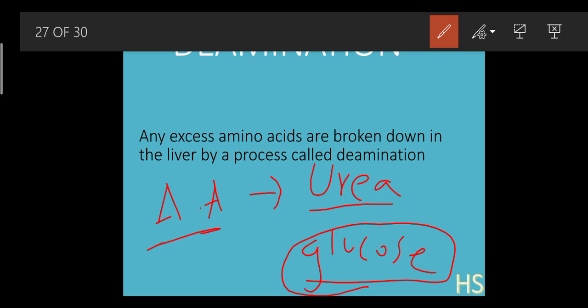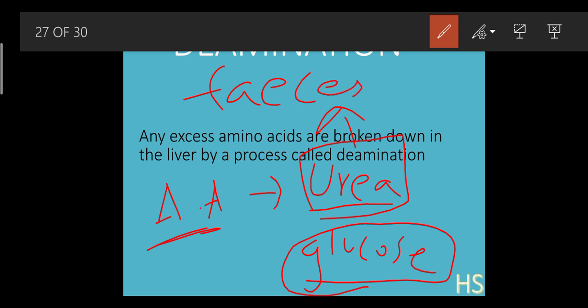So the part of the urea which is left gets converted into glucose, which can be utilized by the body.